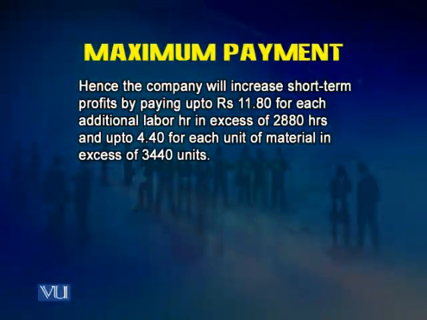Hence, the company will increase short-term profits by paying up to 11.8 for each additional labor hour in excess of 2,880 hours and up to 4.4 for each unit of material in excess of 3,440 units. The constraint that we examined for labor was 2,880 hours.